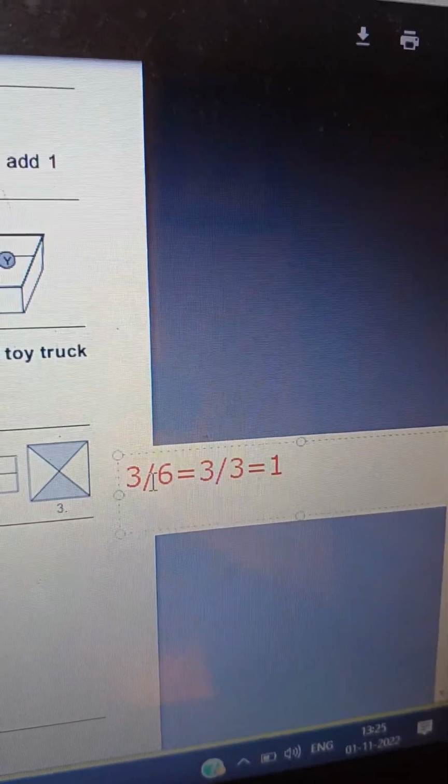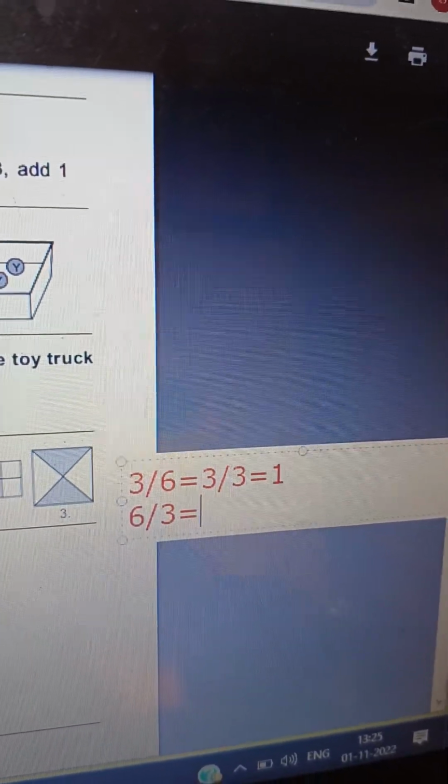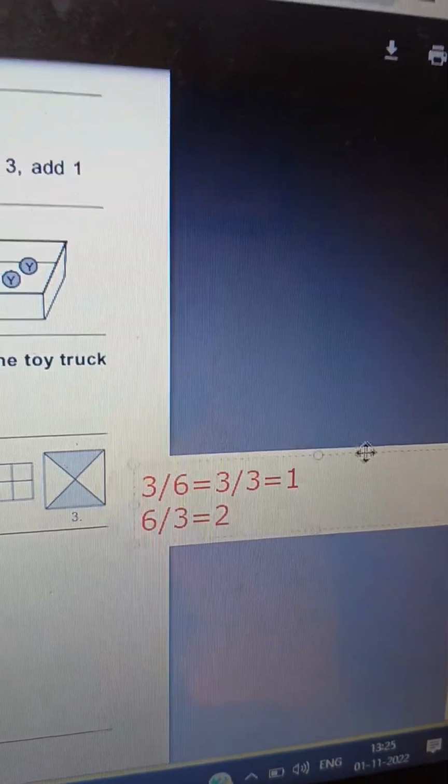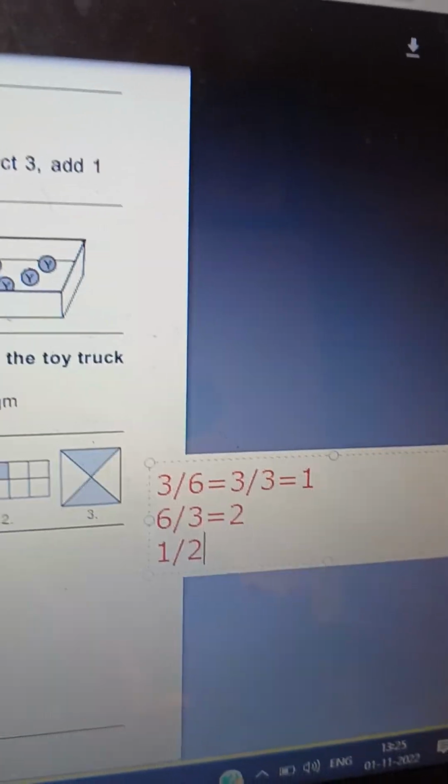Again, if we divide 6 by 3, we will get 2. So it shows 1 by 2.